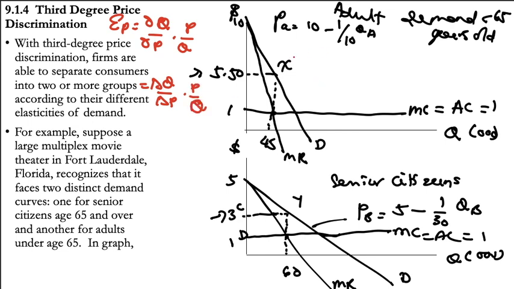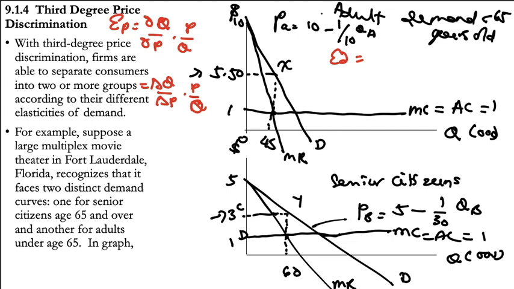For the first one here, when the price is 5.5 at point X, we want to look at the elasticity of demand for adults who are less than 65 years old at point X. So that elasticity of demand is given by the change in Q over change in P. What is the change in Q? Change in Q is 45 minus 0. The origin is 0, and the new point at point X is 45 and 5.5.